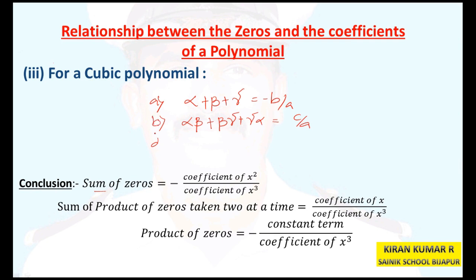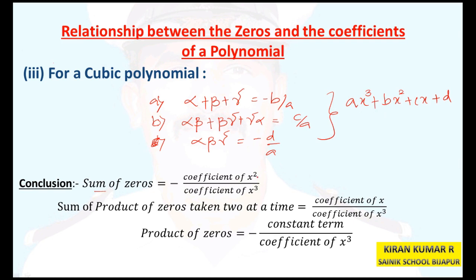This is the third one: product of zeros alpha beta gamma is minus d by a. This is for a general expression ax cube plus bx square plus cx plus d.